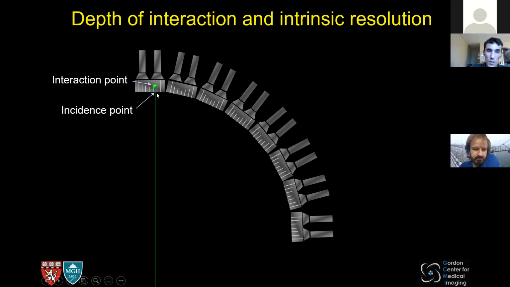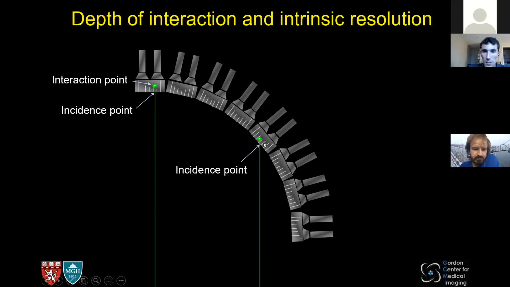However, if you go towards the edges of the field of view, this is what can very well happen. Photons have to travel a certain distance in the crystal on average before they are absorbed. And that is what's happening here. Because photons have to travel through a certain amount of material before they are absorbed, when they hit the crystals with a certain angle, they will actually not be detected in the right crystal.